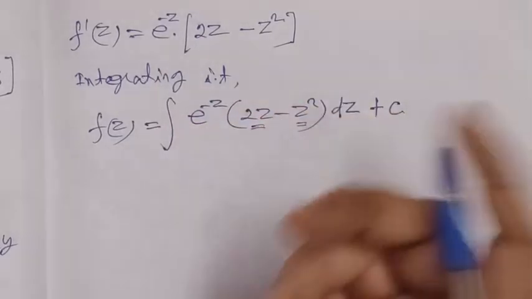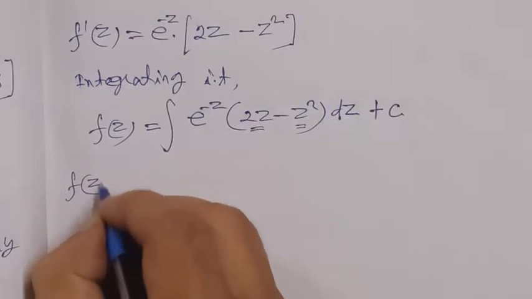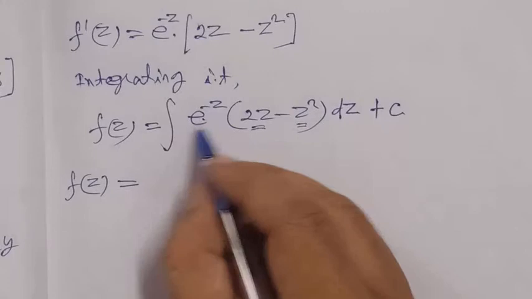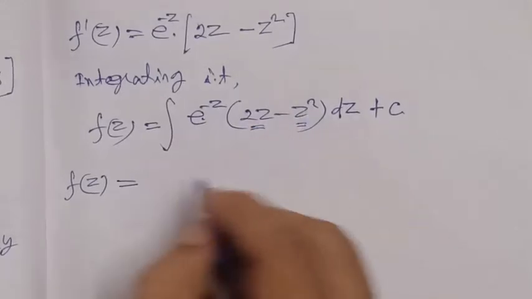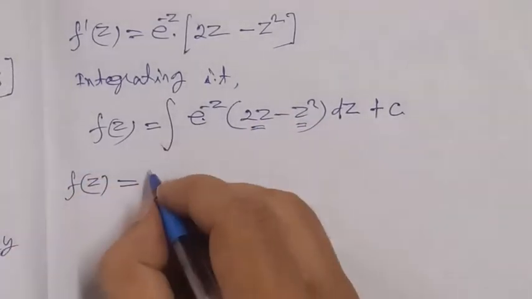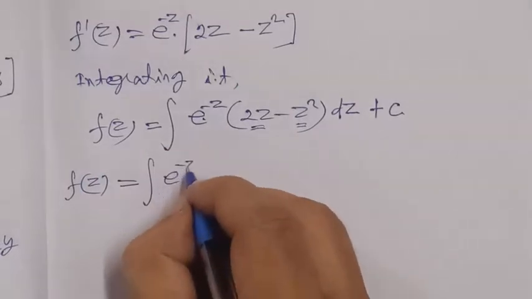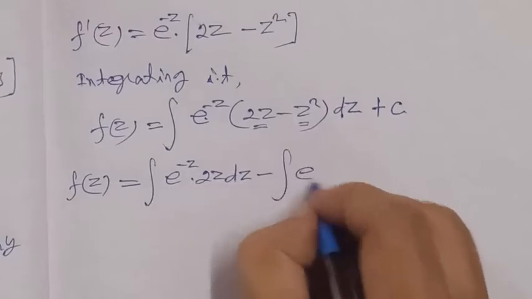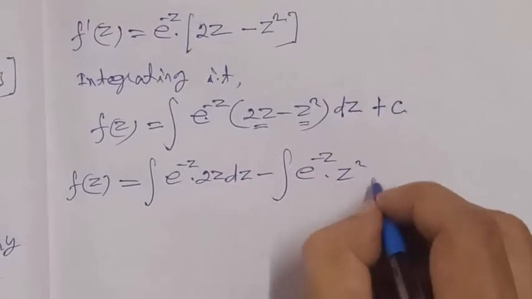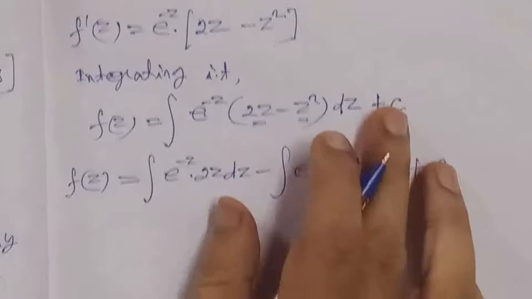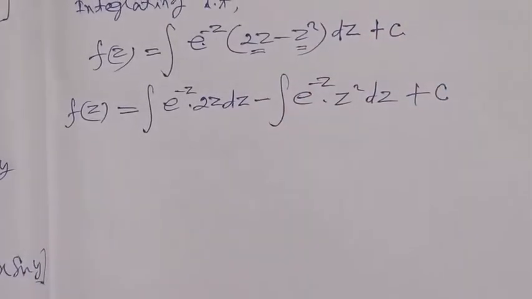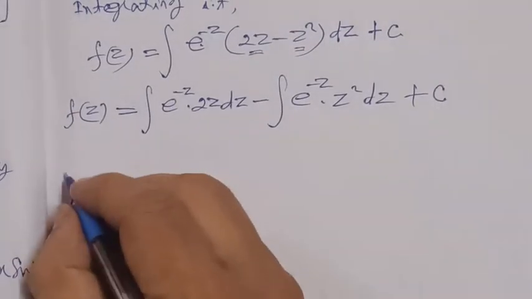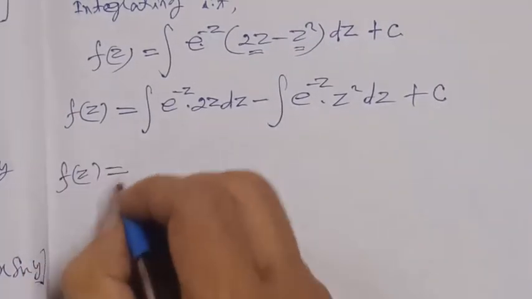But I do not apply that formula; I multiply e to the power minus z into the function and apply the same procedure as that formula generates.